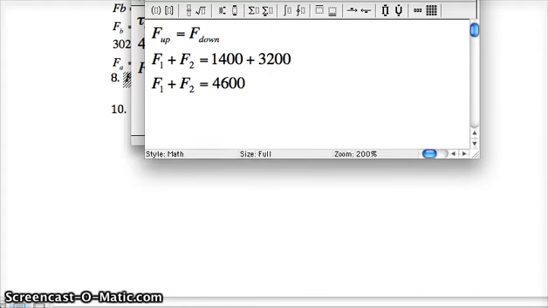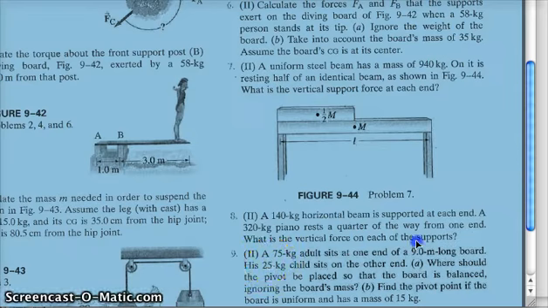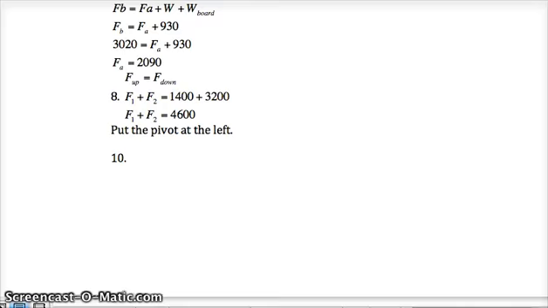There. Now when we calculate the moments, we put the pivot at the left. We know that the piano is, it says the piano is a quarter of the way apart. So the distance for the piano is going to be equal to 1/4 of the total distance.